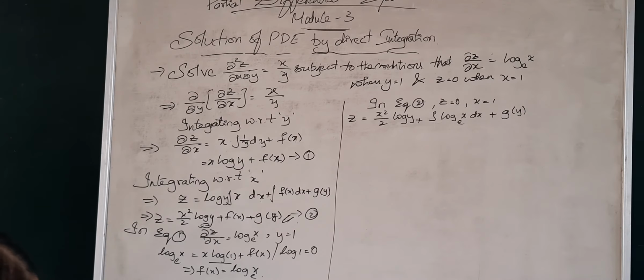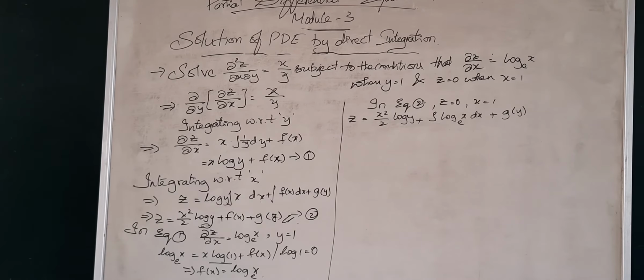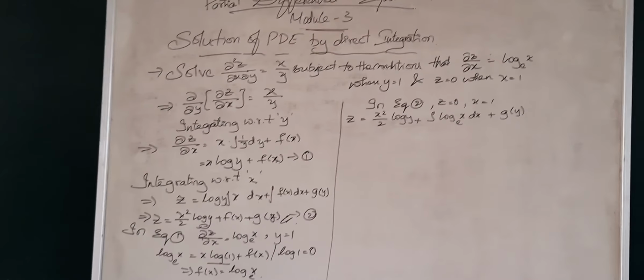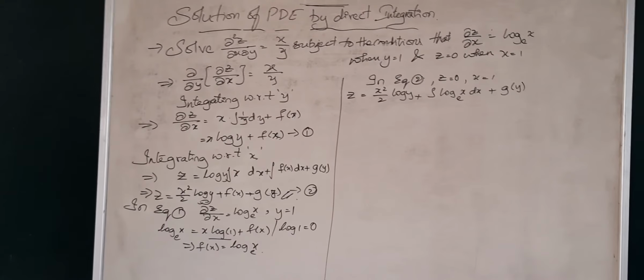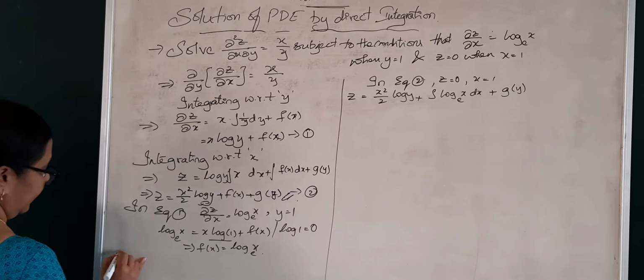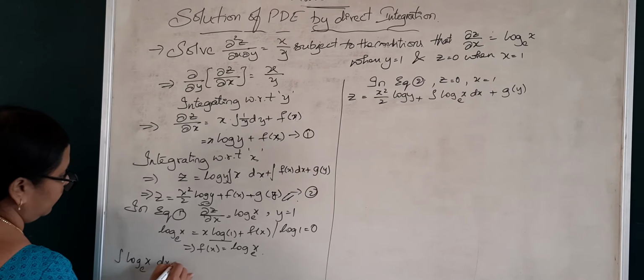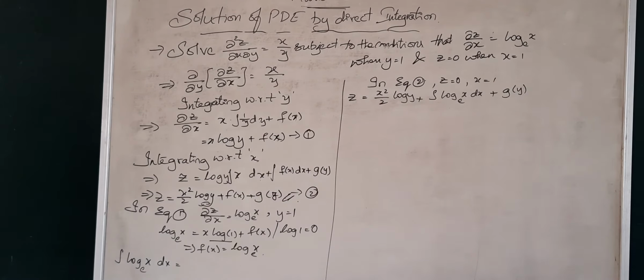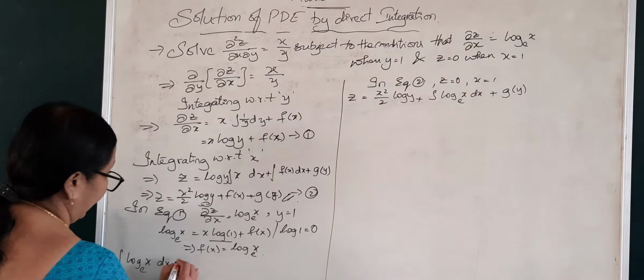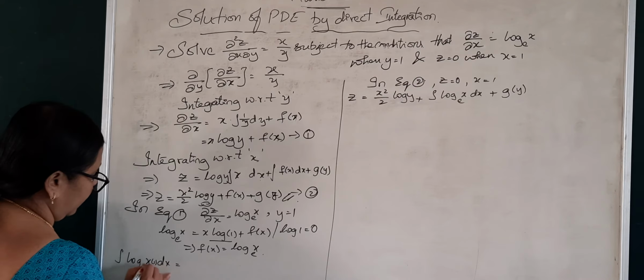But now here, before we go ahead, what should you find? Capital F of x, that is integral log x. So let us find integral log x here in the previous step only, and we can keep it ready. You can't do it directly, guys. So you have to consider the second function as 1. So integrating log x and 1, here the second function is 1.